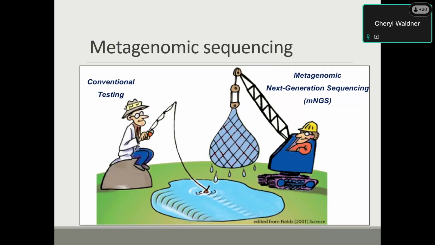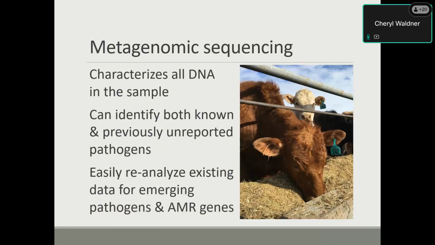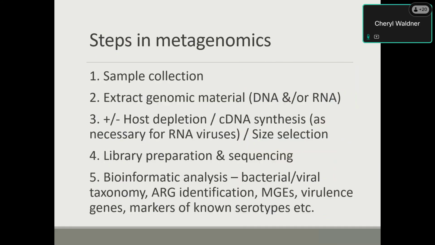With metagenomic sequencing, we can use a net and do a much better job of describing the population of organisms that we're after. It does characterize all of the DNA in the sample, and it can help us identify both the known things that are on our list that we target routinely, but also previously unreported pathogens or ones where we just don't usually test for them. We can also go back, as I mentioned before, and reanalyze these data and see what's going on.